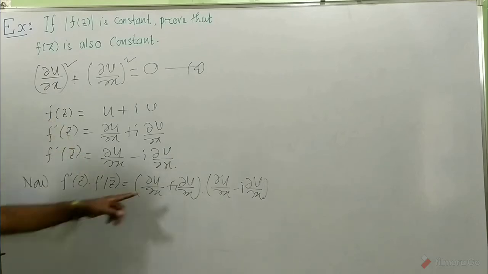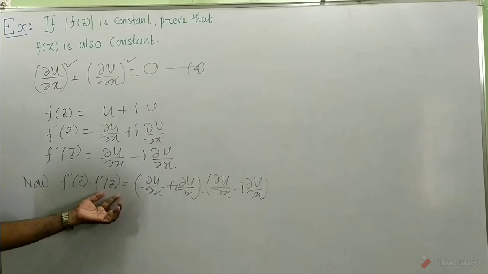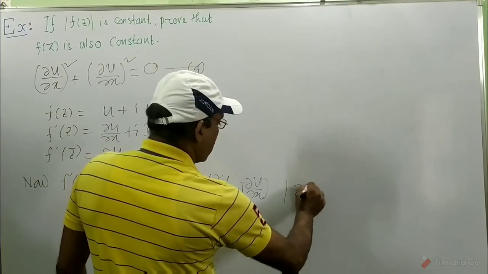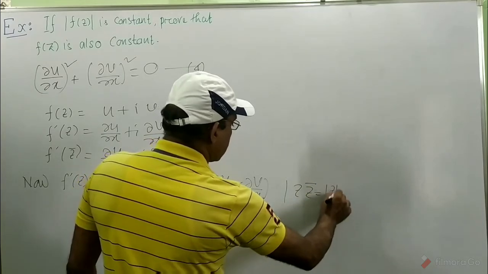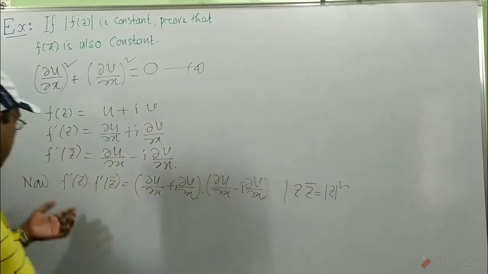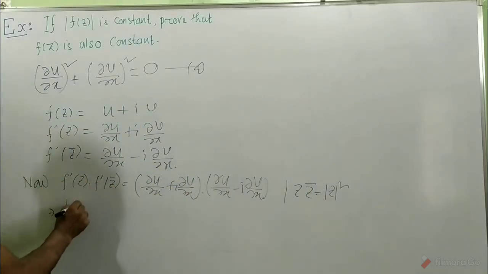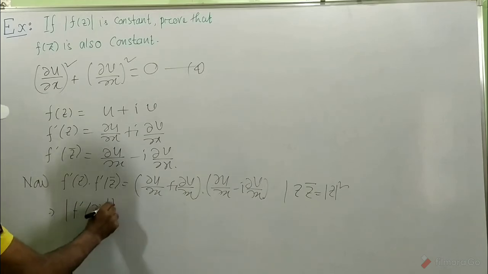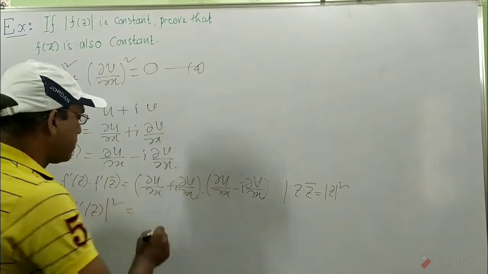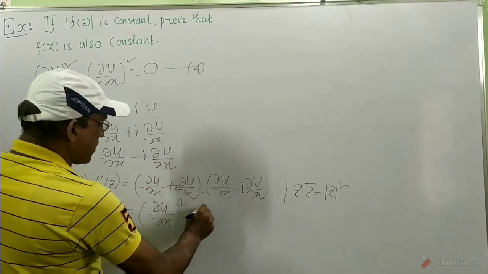So if you multiply, we get this one. But on the left hand side, f'(z) times f'(z) bar, we know this formula. In case of a complex number, z times z bar equal to mod z whole square. So this will be mod f'(z) whole square. And this is a plus b, a minus b, so this will be a square minus b square.